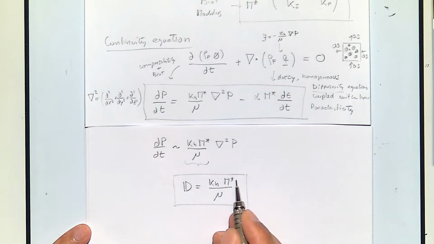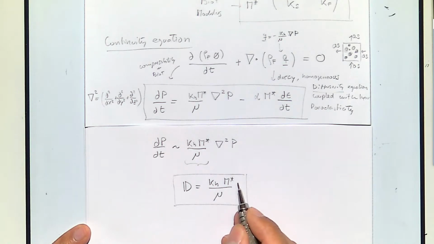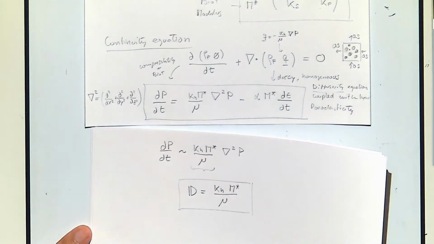And the last one is the compressibility of the system, which in this case is not really compressibility, but stiffness. The bigger the stiffness of that system, the higher the diffusivity of the medium is going to be.